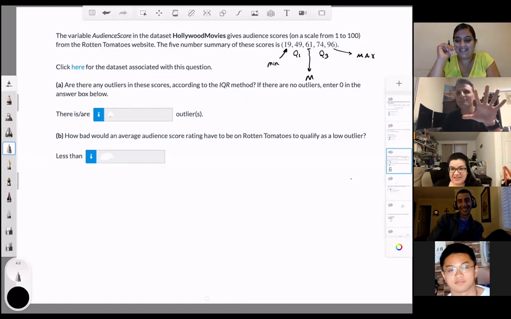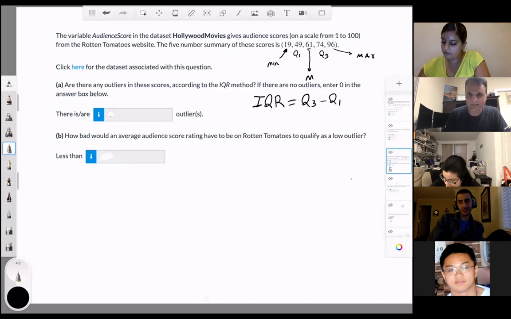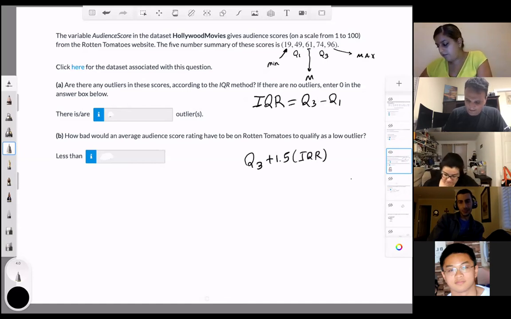Anytime we have a 5 number summary, in order to find the outlier, you need to follow the rule. There's a formula. You need to calculate the IQR, right? This is the first step, which is Q3 minus Q1. Then we do Q3 plus 1.5 times IQR, and Q1 minus 1.5 times IQR.